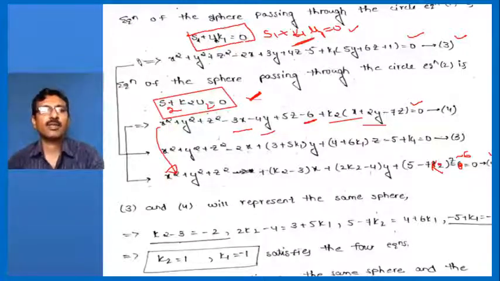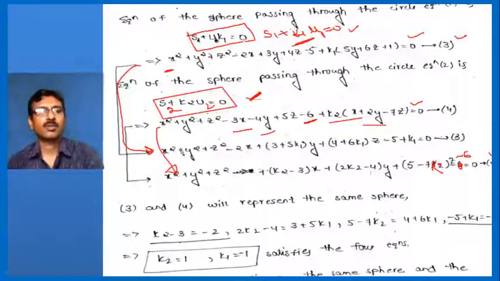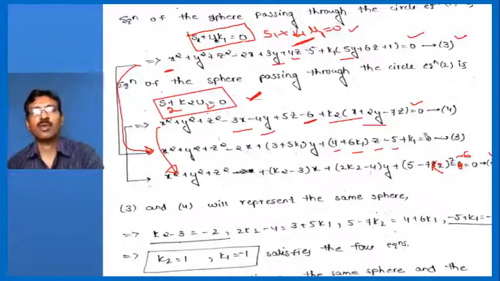Similarly, I am simplifying the first equation. x square plus y square plus z square minus 2x; the y terms are minus 3y plus 5k1 y, taking y as common, 3 plus 5k1 into y; the z terms are 4z plus 6k1 z, taking z as common, 4 plus 6k1 into z; constants are minus 5 plus k1 into 1, equal to 0.